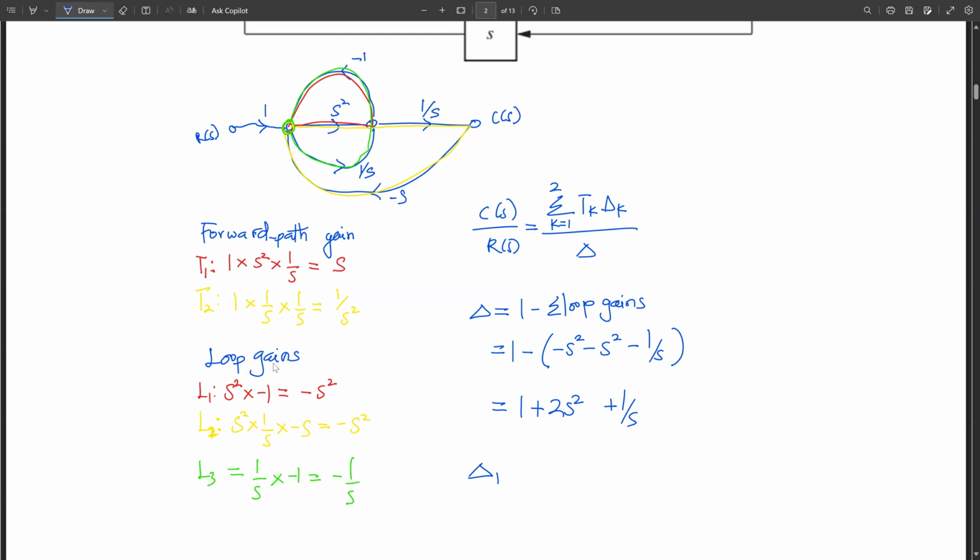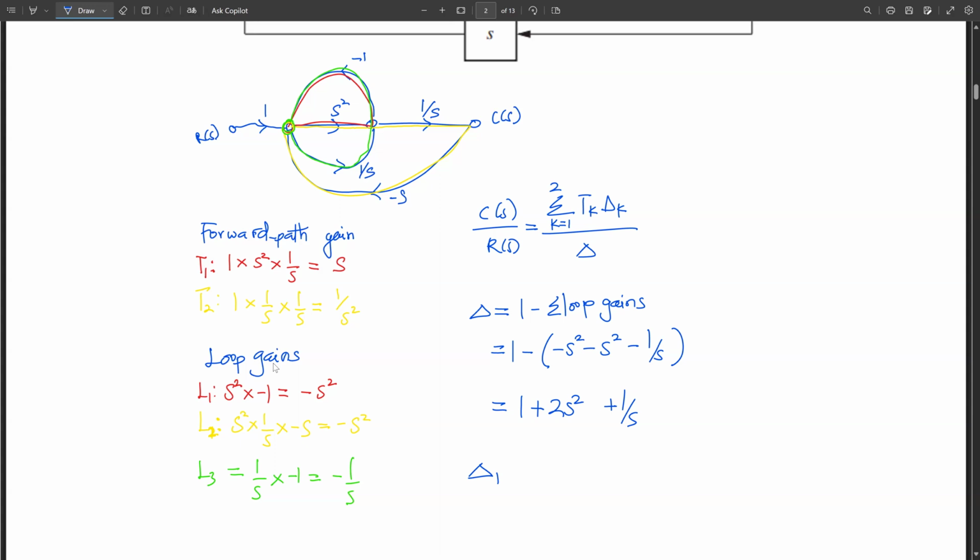So the delta sub 1 means that you have to look at your first forward path. And in our case, our first forward path is from here to this side and that side. And then the next thing to do is to identify the loops that have a common node with that first path, right? And as you can see, the red loop has common nodes with the first path. The green loop has common nodes with the first forward path.